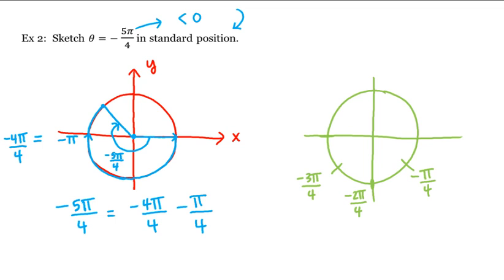This is 4 times negative pi over 4. And this is 5 times negative pi over 4, which is our angle. And so sketching it in standard position, this is the initial side, and this is the terminal side. So our angle, negative 5 pi over 4, is here.